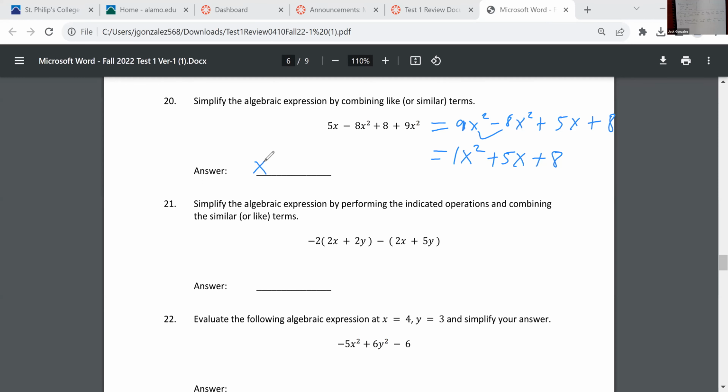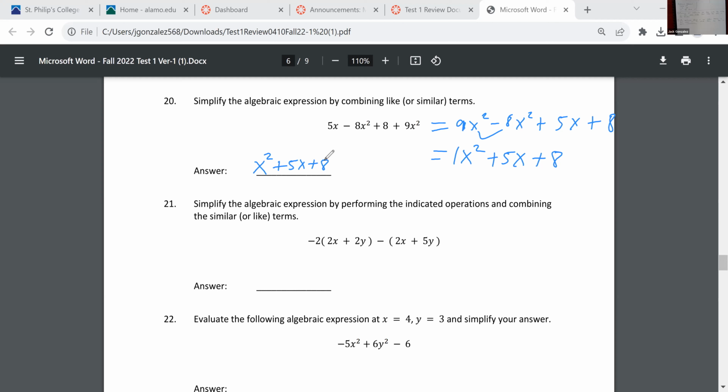You don't need the one in front, but you can write it if you want. You put it in descending order, highest power first.